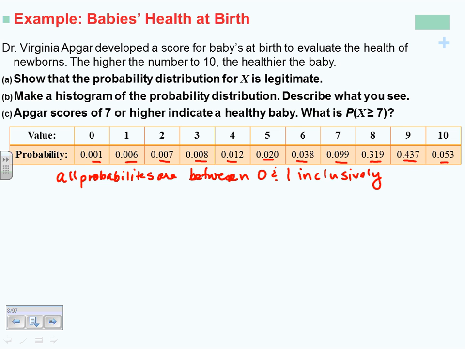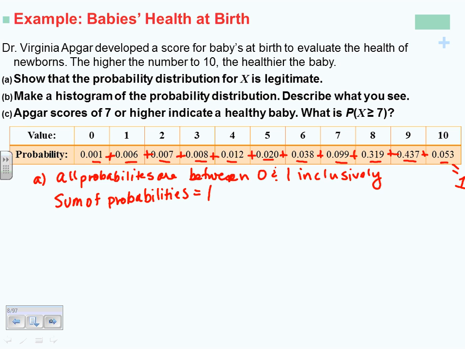The second thing I need to do is show that if I add all of these together, what should I get? 1. Check that in your calculator and see if that's true. So the sum of the probabilities equals 1, so we're good.